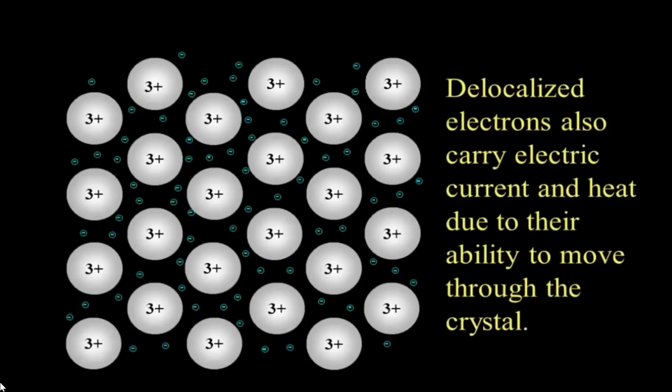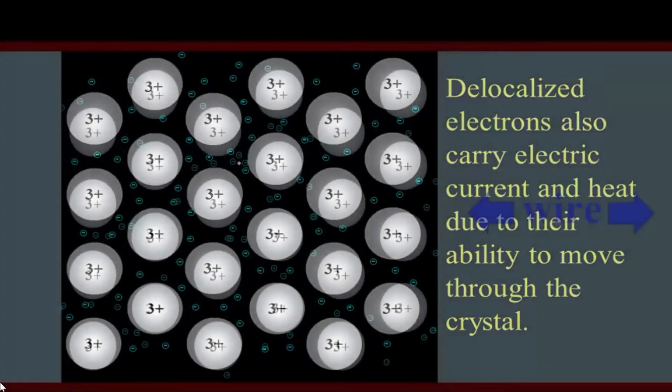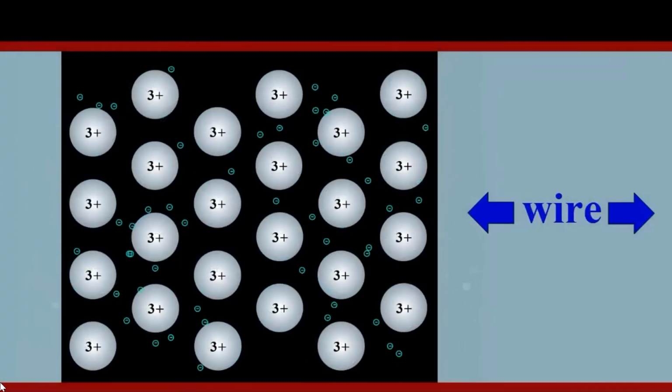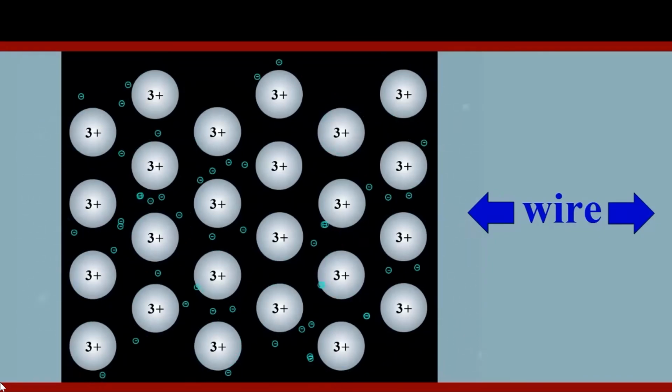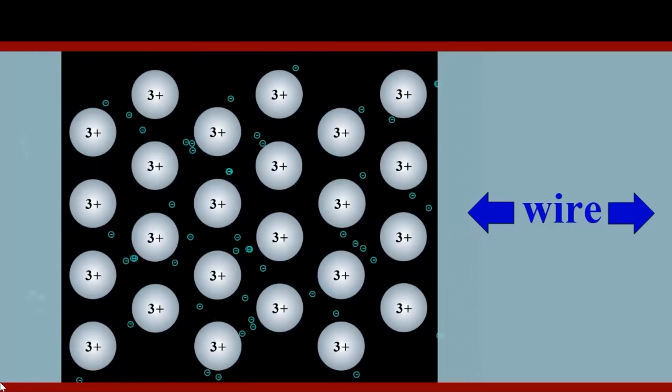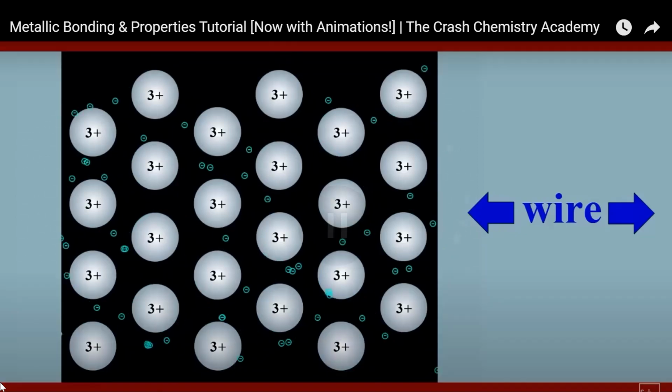How about electric current? Can this model explain that? Well, electric current is simply the movement of charge, and electrons are constantly moving through these spaces between the cations. They therefore are very able to carry an electric current. Okay, so what's going to be happening here is the electrons are at present moving this way, from right to left. So maybe we put a negative charge here.